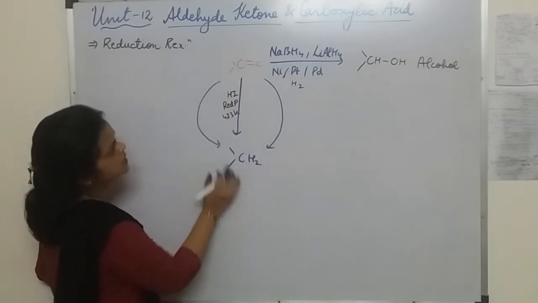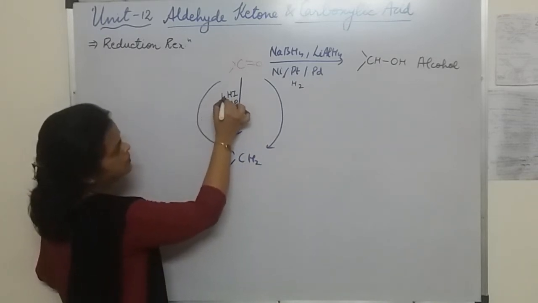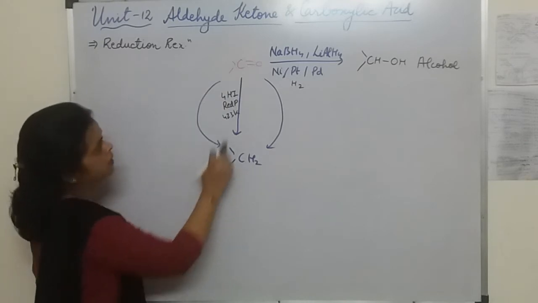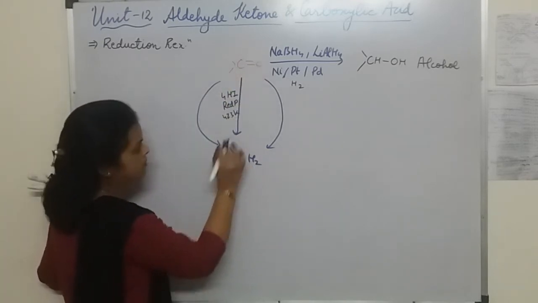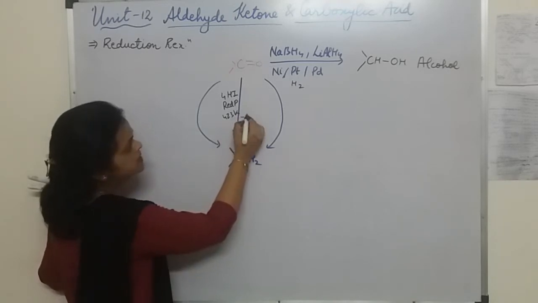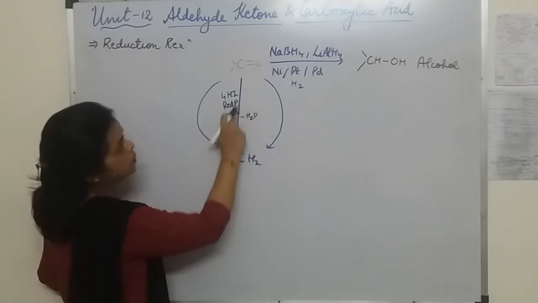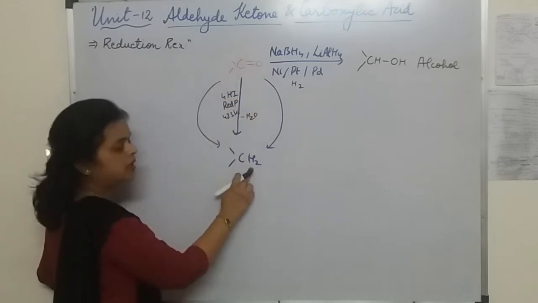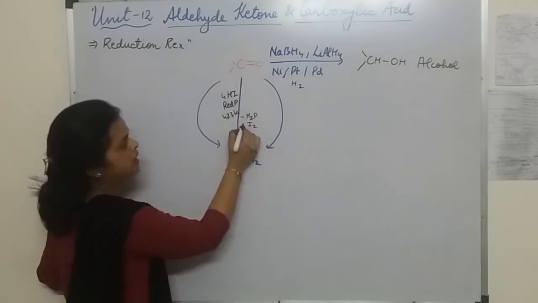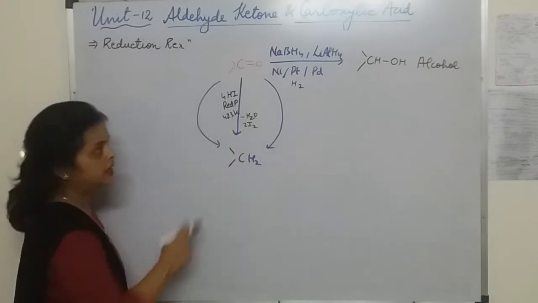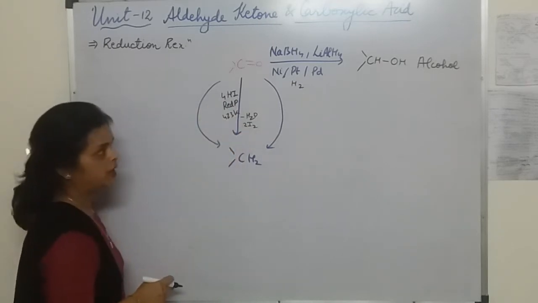Then what happens? 4HI will get attached here. Now 2H will combine with the oxygen. So what will be formed here? I will write here minus H2O. 2H will get attached with this carbon and you will get CH2, and iodide ion will come out in the form of iodine.